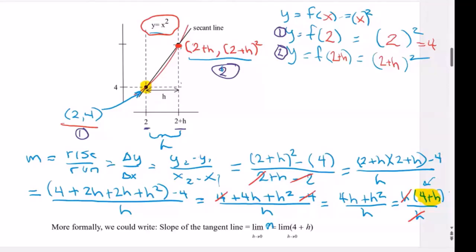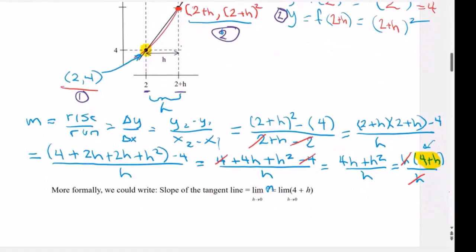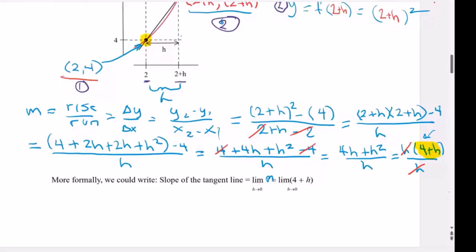So this is why limits are important, because what I'm doing is I'm making that distance between 2 and the point next to it almost exactly 0, right? Because h is approaching 0. So I can say this is equal to, if I plug in 0 for h, this is equal to 4.